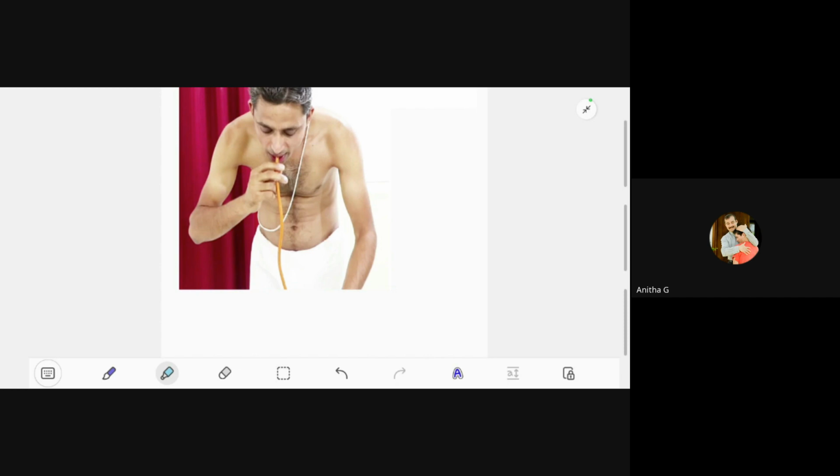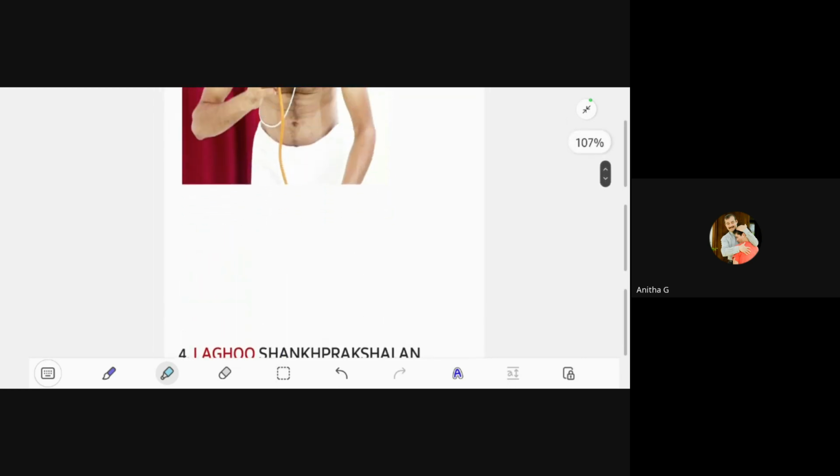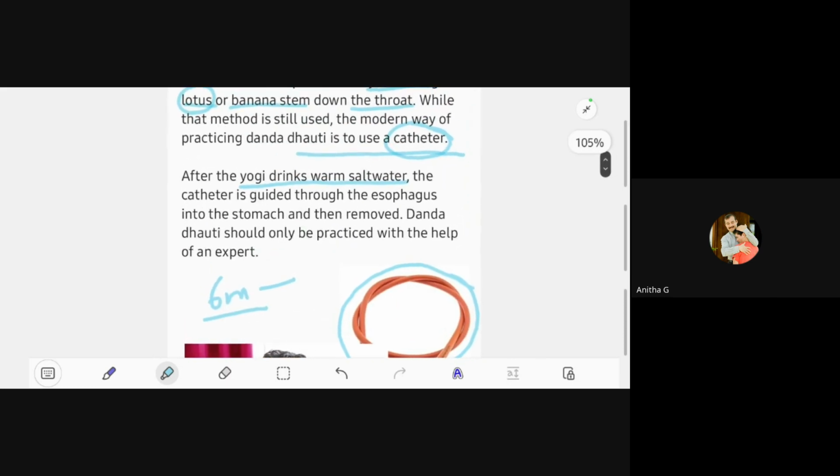If one is not experienced in all this, never do it or practice yourself. Now the contraindications of Dhanadhoti.